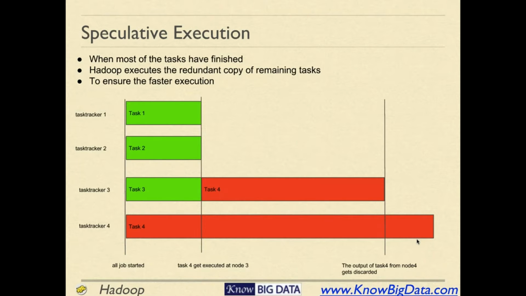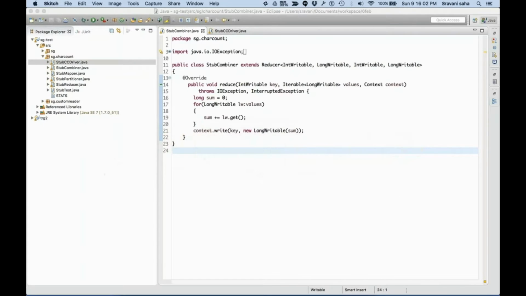The work given to task tracker 4 may be really huge, or maybe task tracker 4 is really slow. If the objective is to get things really fast, then speculative execution is important. In case your resources are important and you don't care about fast execution, then you don't go with speculative execution. What if both are not finishing?